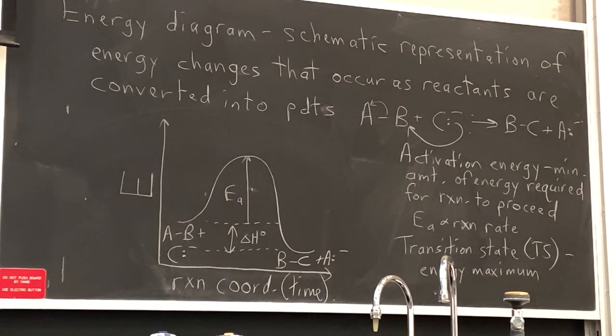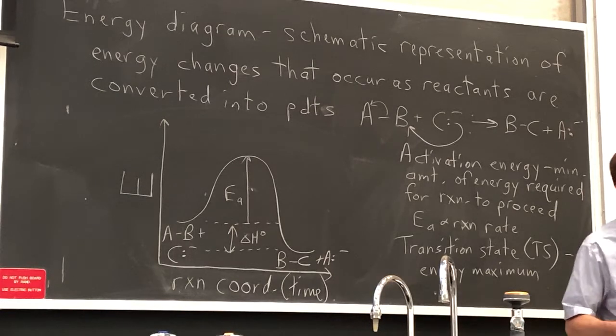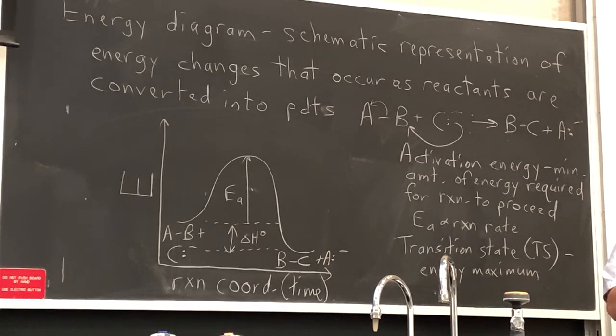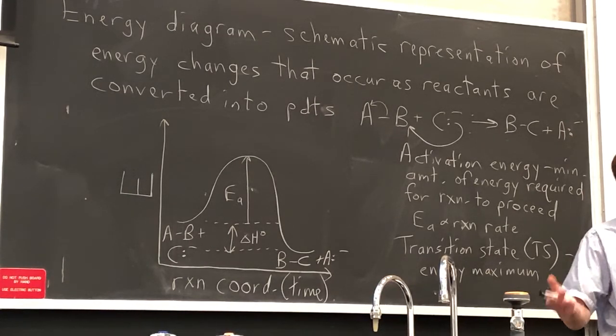Let's look at the reactants and ask ourselves which bond or bonds are being broken as the reaction proceeds. Okay, the bond between A and B is being broken as the reaction proceeds. So when we reach the transition state, that bond breaking will be underway, but it will not be complete.